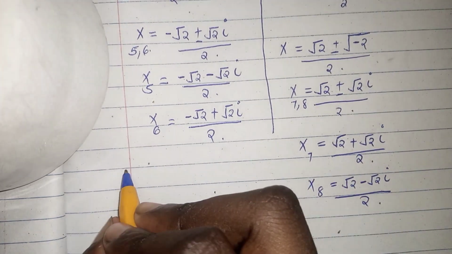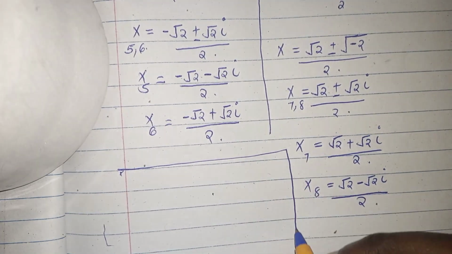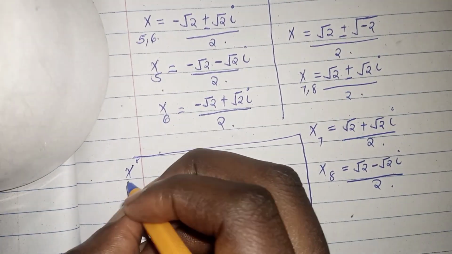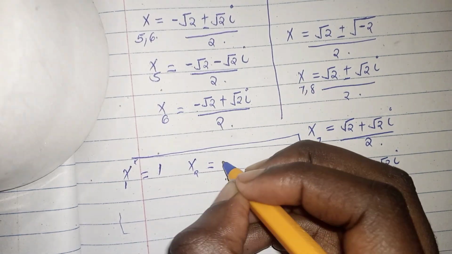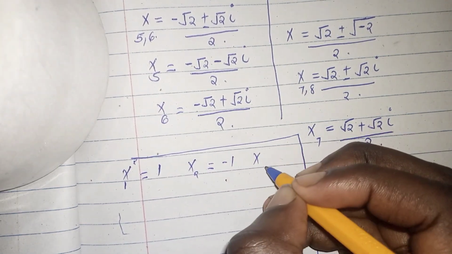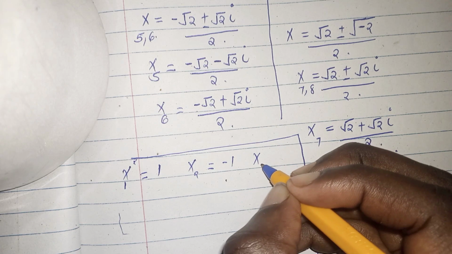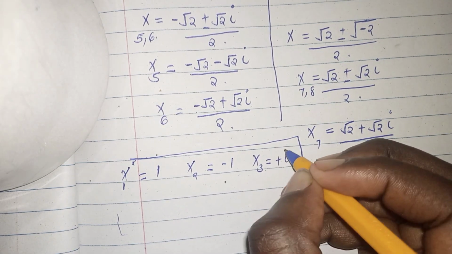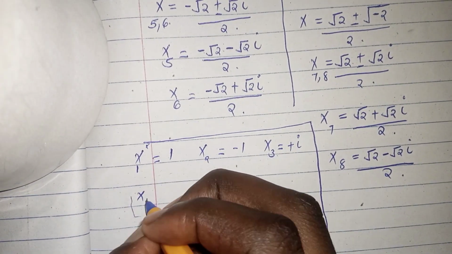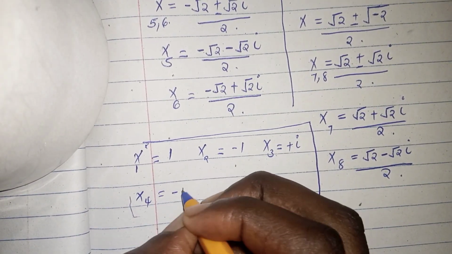So let me write here all the values of x. The first value of x is equal to 1. x is equal to negative 1. x, so this is the third, is equal to positive imaginary. Then the fourth, x is equal to negative imaginary.